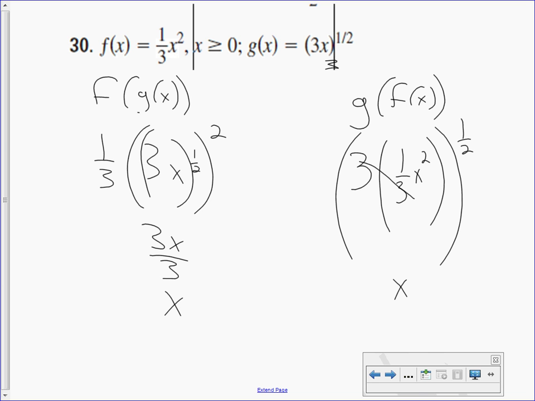Same idea. What happens with a lot of this stuff, when you take square roots, remember how you can have plus or minus? When you're looking at a lot of these inverse relations, in order for the inverses to be functions themselves, they have to pass the vertical line test. Remember when you had a regular function that would pass the vertical line test?